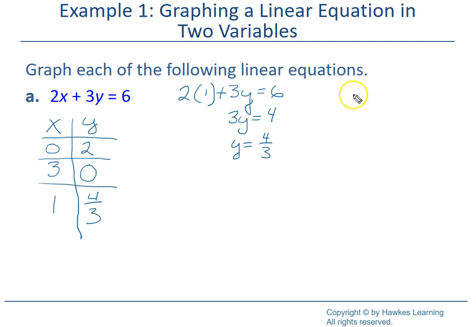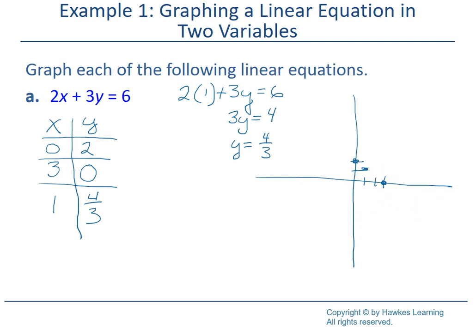Now, if we were to make a graph, and they're going to show this here very shortly, we're going to plot these points. 0, 2. So there's 0. We go up 2. We'll put a dot there. And then 3, 0. 1, 2, 3, 0. And then we have 1, 4/3, which is about there.